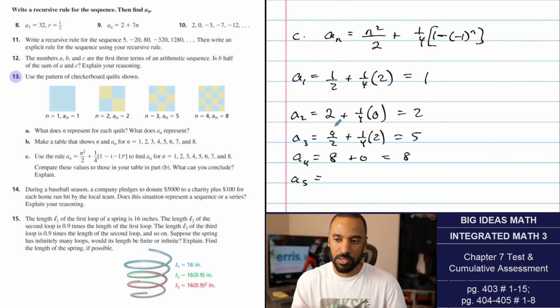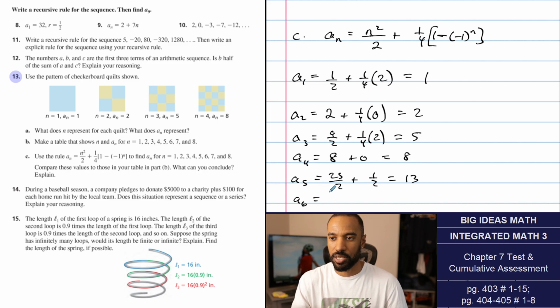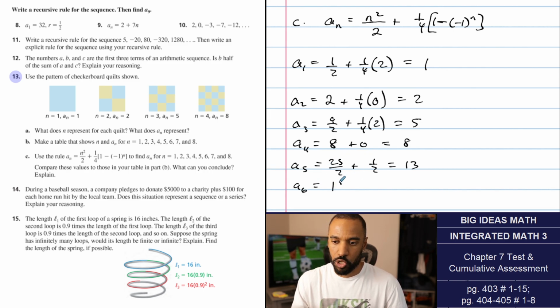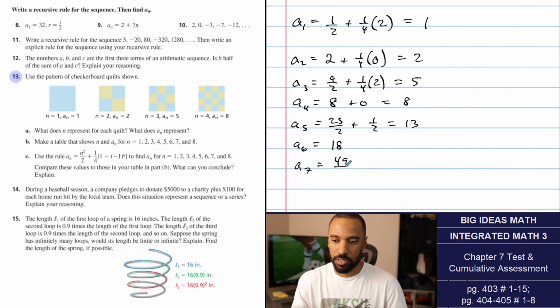Next one is, what I'd like is just noticing this pattern itself. 25 over 2 plus 1/2 is 26 halves, which is 13. A sub 6 is 36 over 2, which is 18, plus 0. A sub 7 is 49 halves, plus 1/2, which is 50 halves, which is 25. And A sub 8 is 64 halves, which is 32.